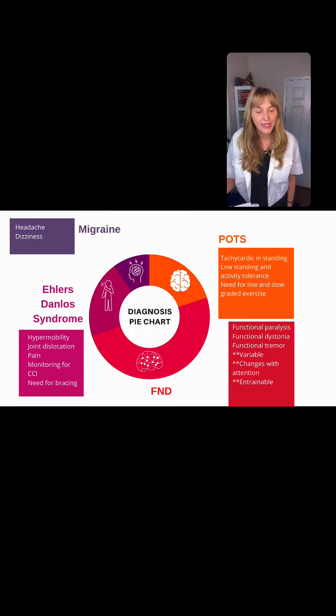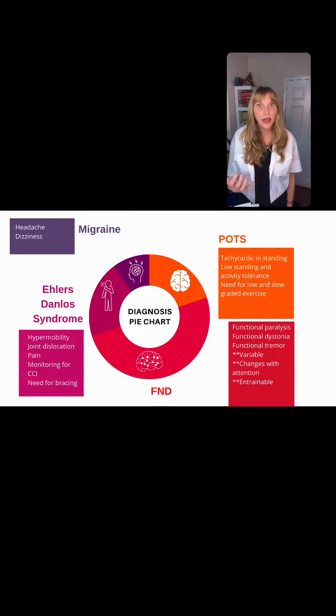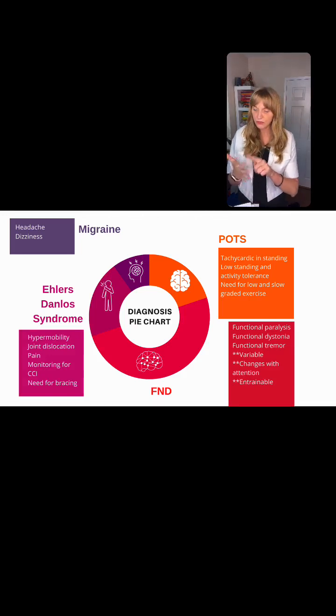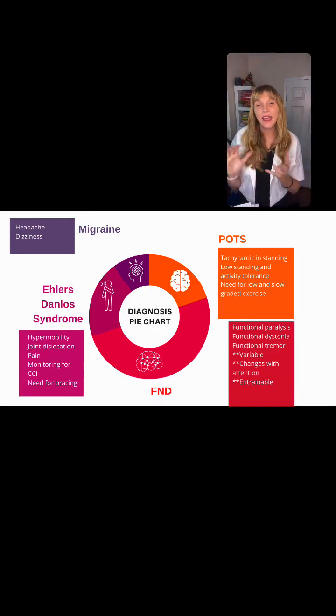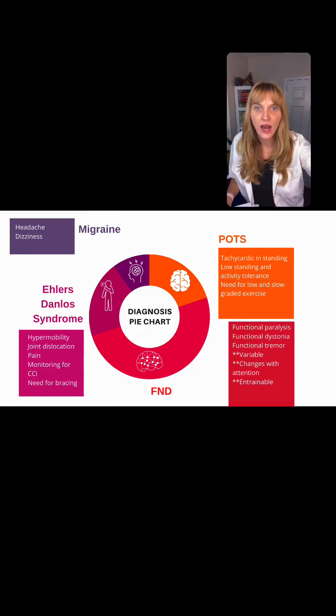Again, similar mechanisms and commonalities, but distinct diagnostic criteria for CRPS. Another disorder like this is 3PD, persistent postural perceptual dizziness. It is considered a functional dizziness, and it also has its own distinct criteria. So there are many things under the umbrella of functional neurologic disorders.